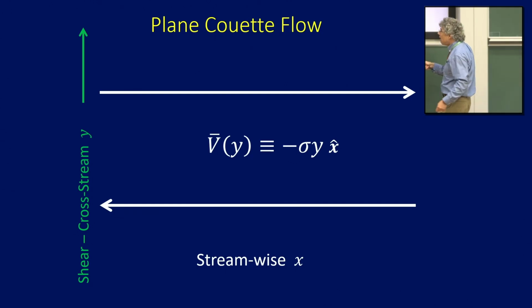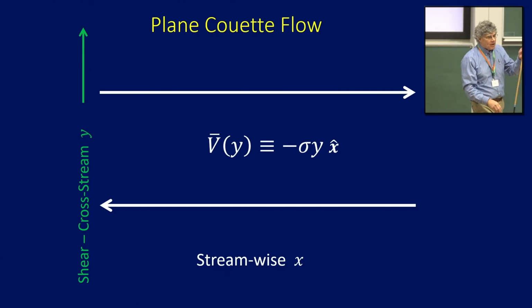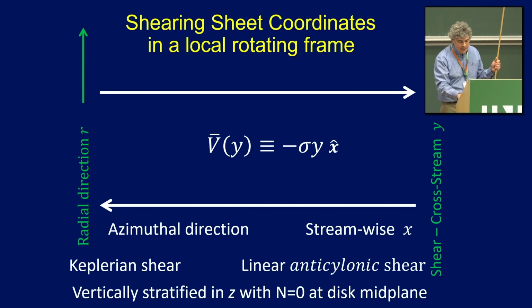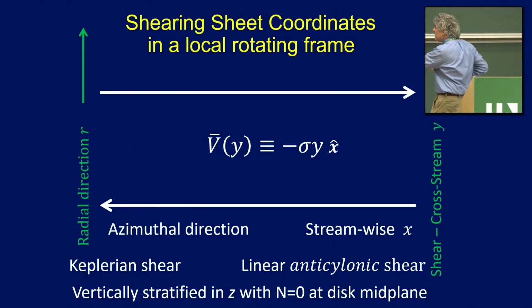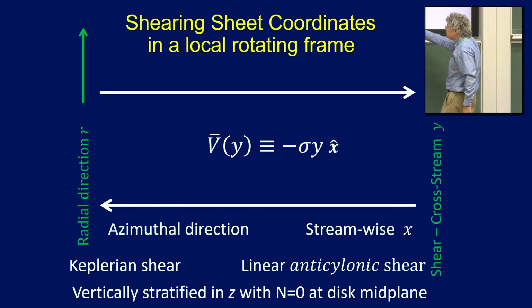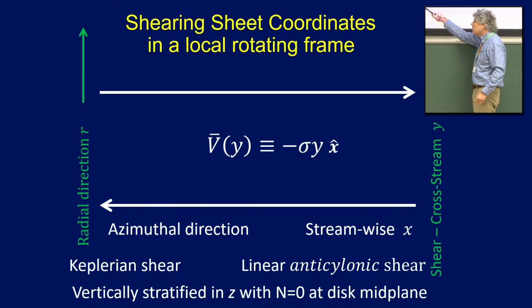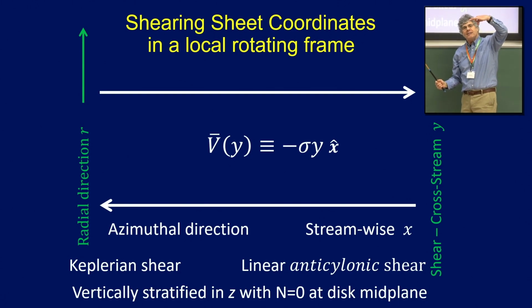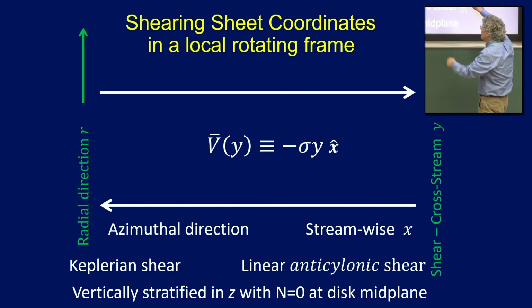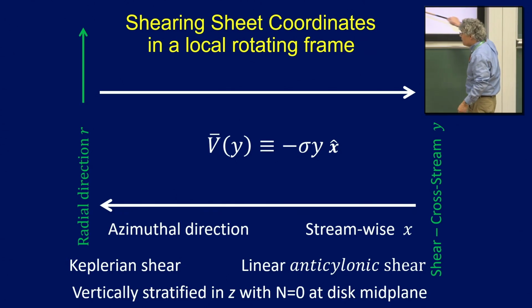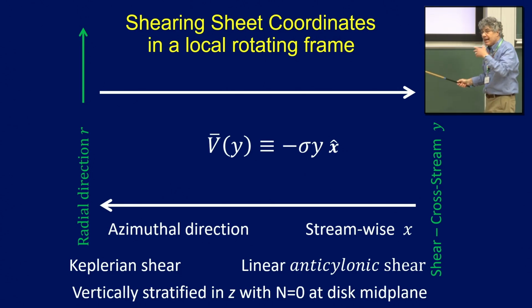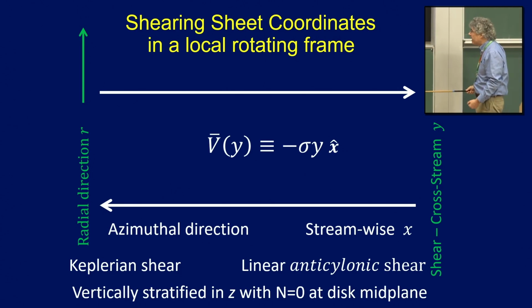The cross-stream direction I'm going to call y. When I think of this as a little patch of fluid in a disk, this y cross-stream direction becomes my radial direction because I want to go into the rotating frame of some piece of Keplerian moving fluid here. And if I do that, I will see the velocity going one way this way and going the other way at a different radius, and so I get, to first order, a linear shear there.